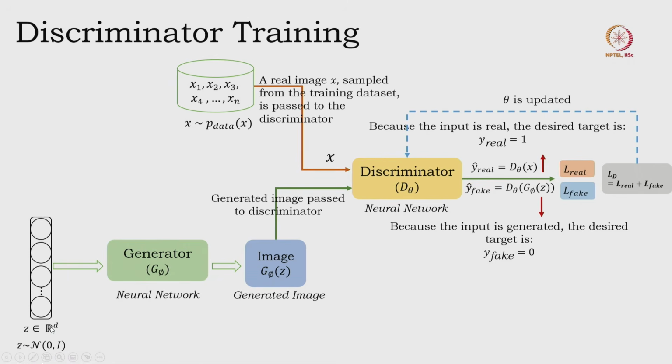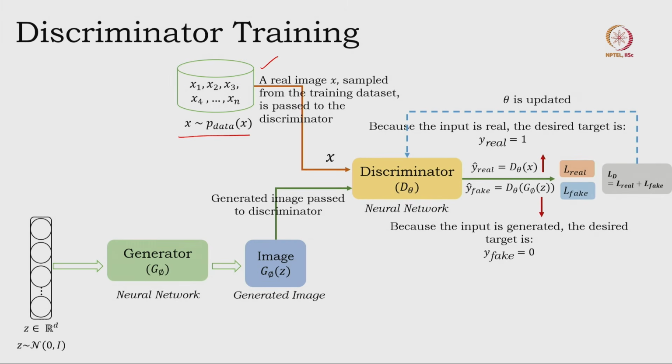We first take a real image X from the training data set. Let us assume this is the training data set. We take real image X from the training data set. Mathematically, we write it this way: X is sampled from this particular distribution. What is this P data of X?